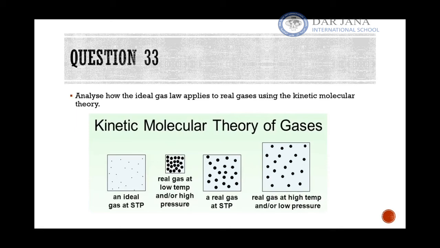The second box is a real gas at a low temperature or a high pressure. So when you bring a real gas at STP, it will look something like box 3. Now as you start increasing the temperature or decreasing the pressure, a real gas would become similar to an ideal gas.